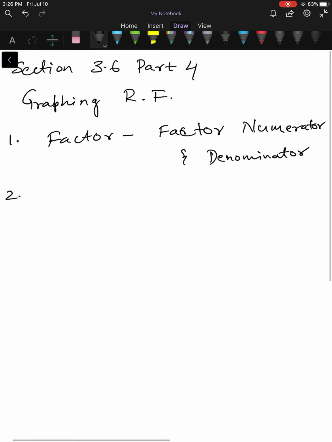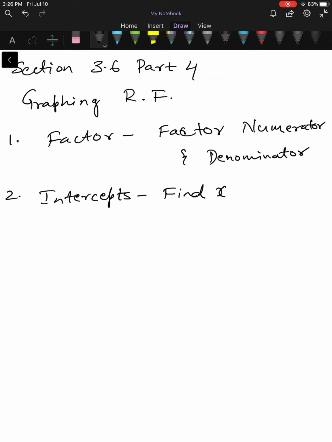Second step is to find the intercepts. So find the x-intercepts by determining the zeros of the numerator.